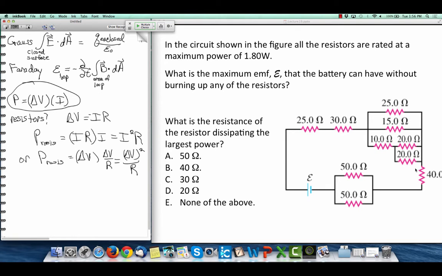So the maximum EMF is going to be the EMF that gives you the maximum current, and you know the maximum current now. And so you still have to reduce all of these. You still have to find an equivalent resistance here.